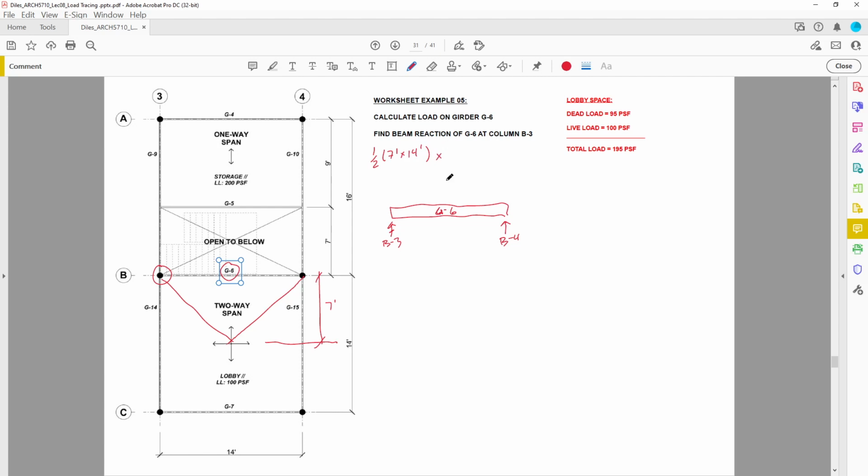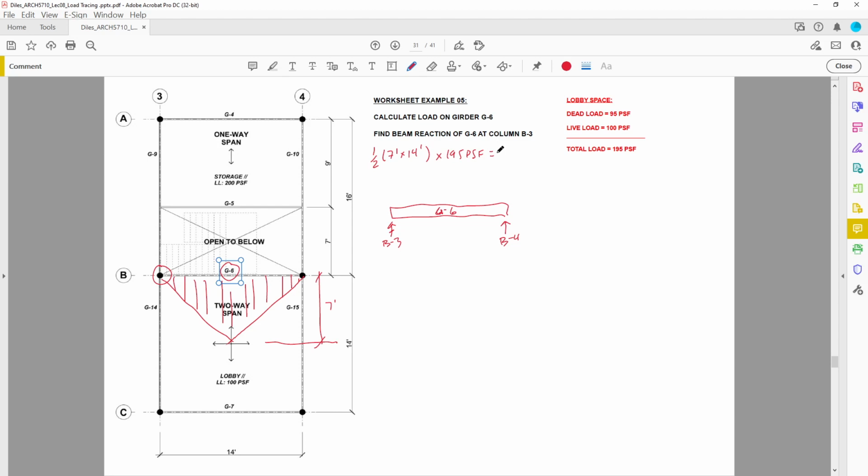And I'm sorry, we are finding the area under the load. Now, what is the load in that area? That is 195 pounds per square foot. So let's multiply our areas here.